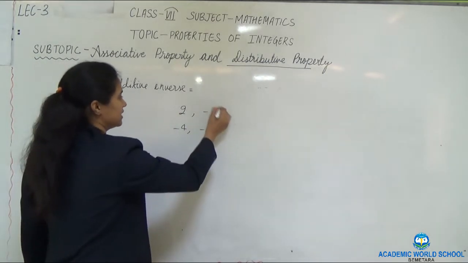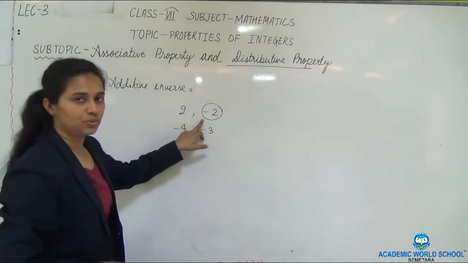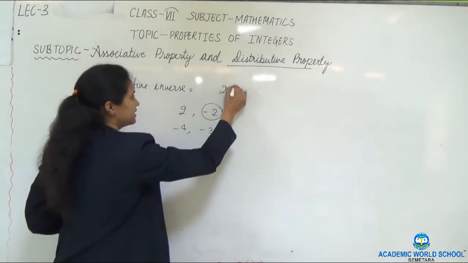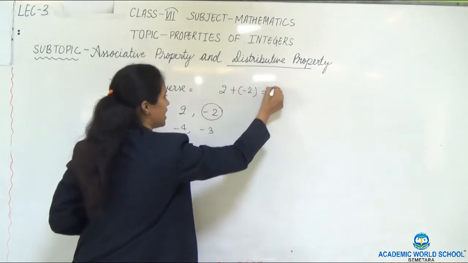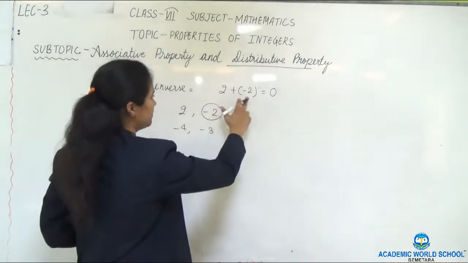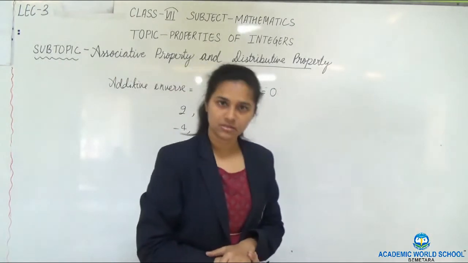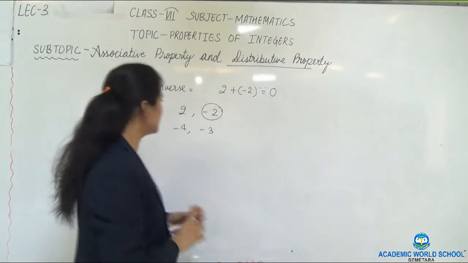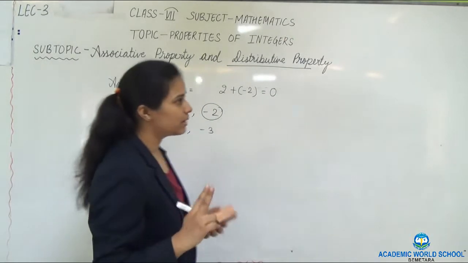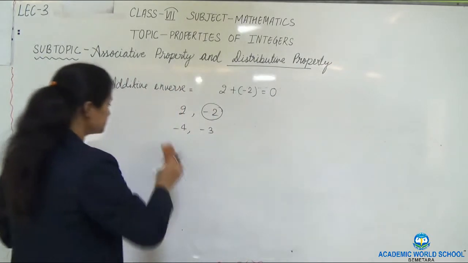So I can say the 2 is additive inverse of minus 2. Why? While I add them, 2 minus 2, I get 0. So the additive inverse of minus 3 will be 3. We just change the sign over here and the sum of them should be 0.